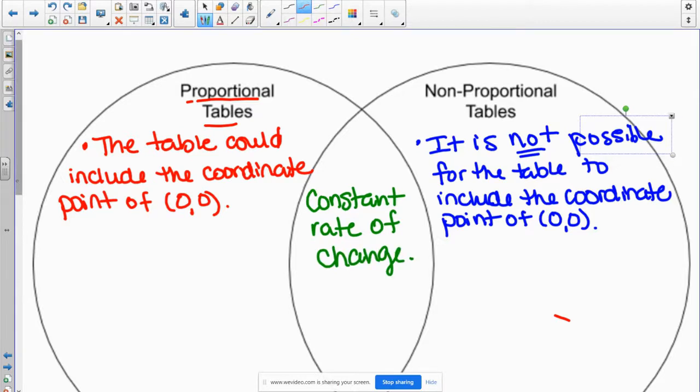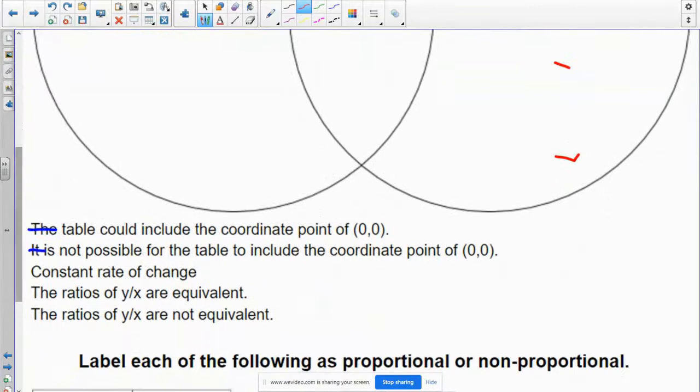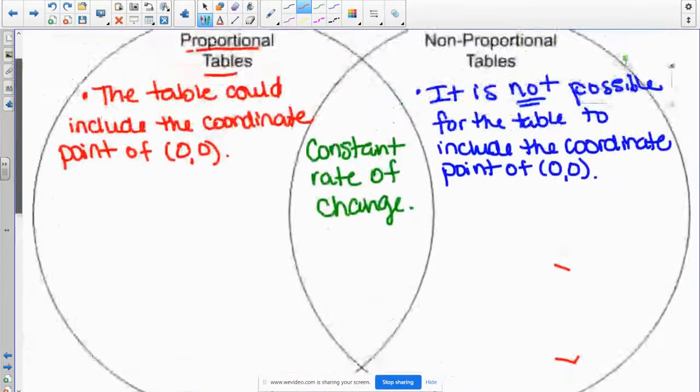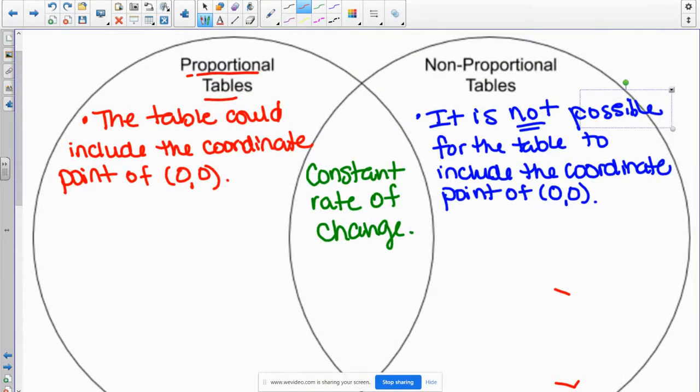And the last couple steps here: the ratios of y over x are equivalent, and the ratios of y over x are not equivalent. So if you take y divided by x and it's equivalent, it's proportional.